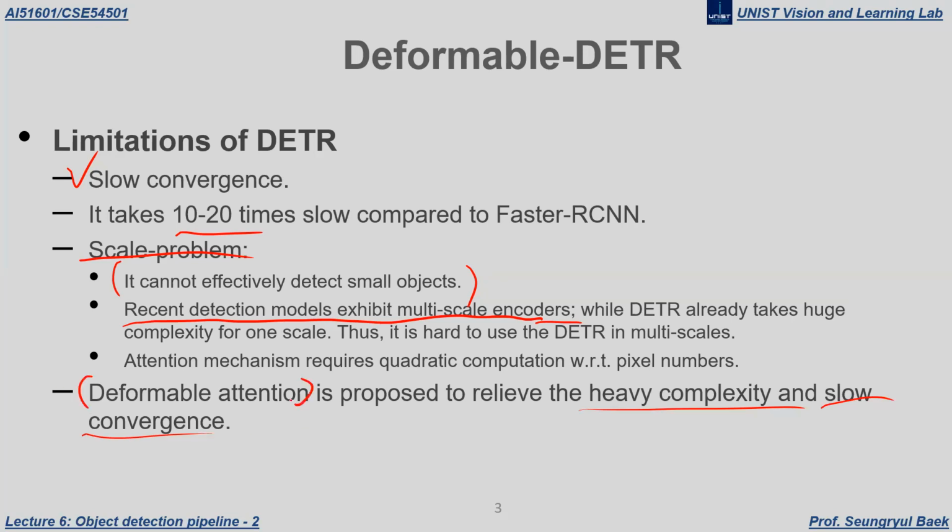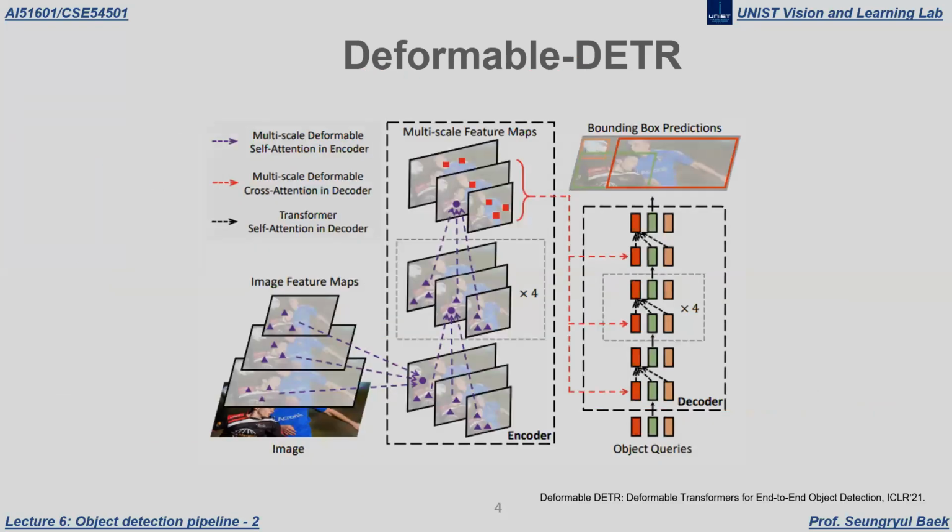So the deformable DTR is proposed. It uses the deformable attention mechanism. It was published in ICLR 21. So we can draw the figure for the deformable DTR like this.